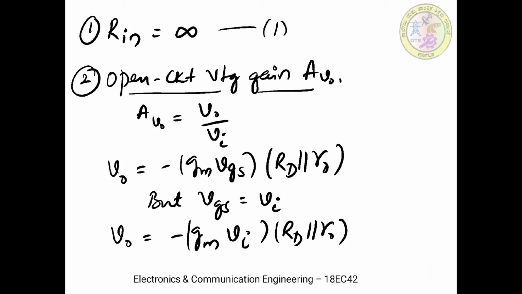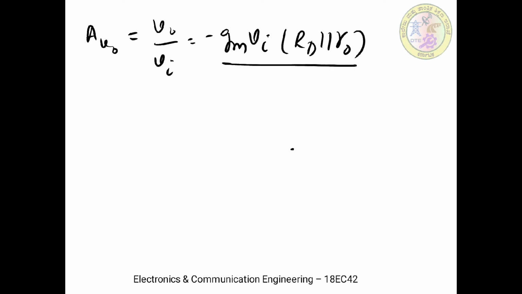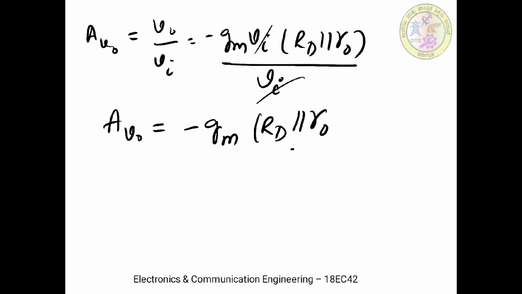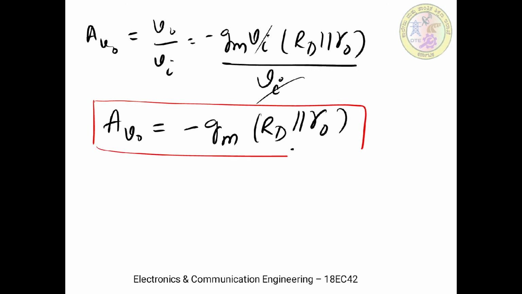Now we substitute into the open circuit voltage gain: AV0 is V0 by Vi, so this is minus Gm into Vi into RD parallel with R0, divided by Vi. The Vi term cancels. Therefore AV0 is equal to minus Gm into RD parallel with R0. This is one of the important results. Let us call it equation 2.